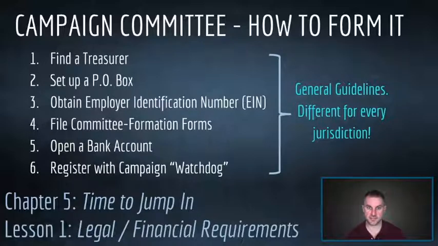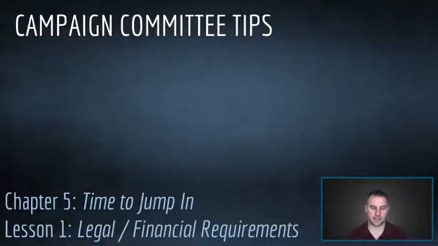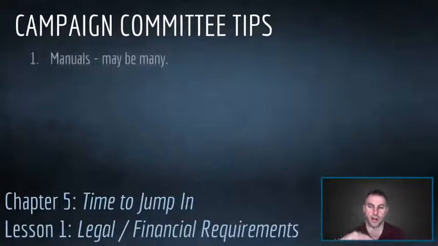So here are some tips about forming that campaign committee. As I've said before, look for manuals from your local elections office. I've mentioned finding a manual, a candidate's handbook, a candidate guide, but there may be many manuals. So make sure to look from your local elections office, but then also Google, like I mentioned, the Fair Political Practices Commission in California.